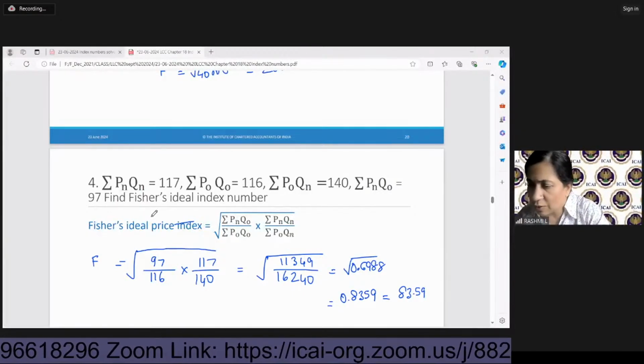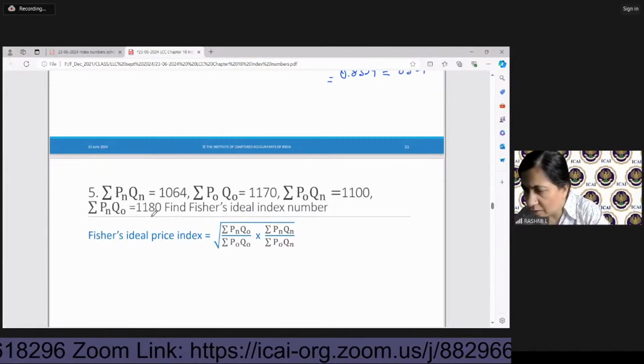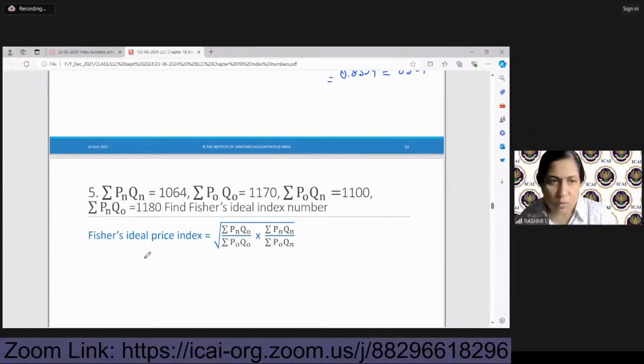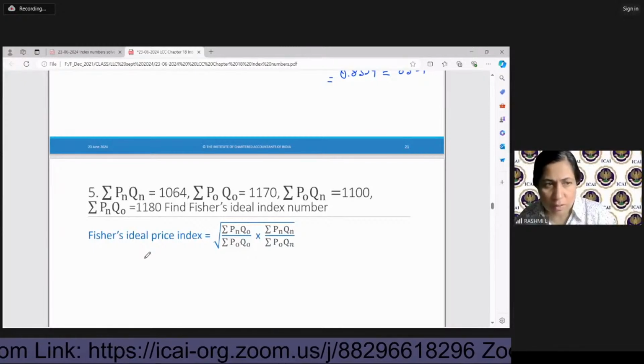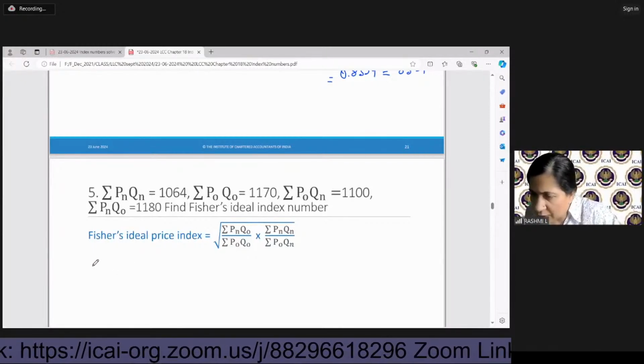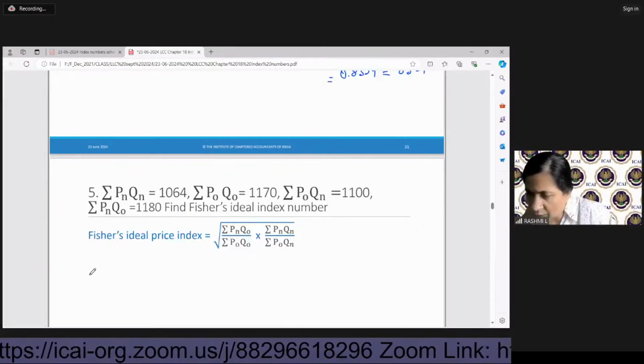Now this was for Fisher. Now can we have it? Yes, Fisher 1064. Can we have the values?